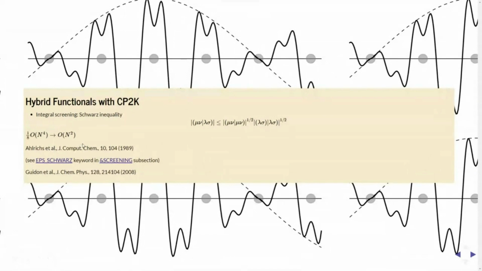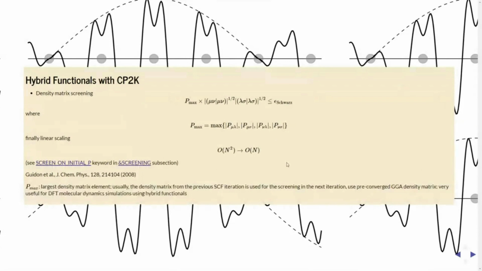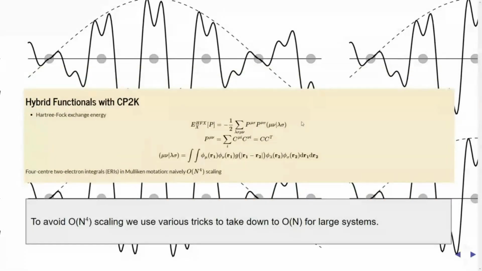There's a bunch of tricks that are pretty much turned on by default. Examples I've given in the shared folder. Again, I've got them switched on. So you can use the Schwarz inequality to ignore certain integrals if some have already been shown to be small. You can also look at the total energy.